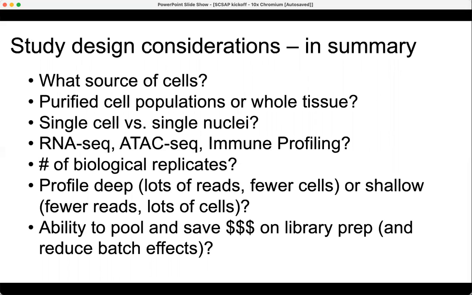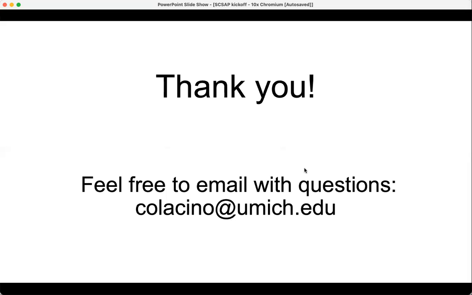How many biological replicates do you want to run? How much variation do you expect in your system? Are you going to profile deep, where you get a lot of reads in fewer cells, or shallow, where you get fewer reads in a lot of cells? And then can you pool? Can you use the CellPlex method? Or could you use genetic multiplexing to save some money on library prep and also have some experimental advantages in reducing batch effects?